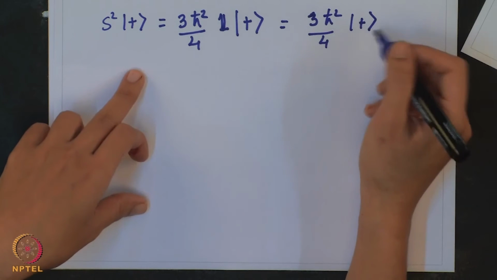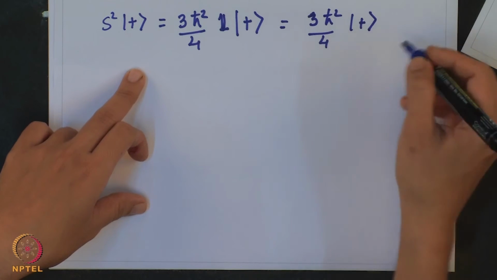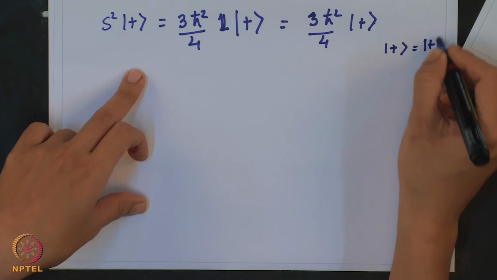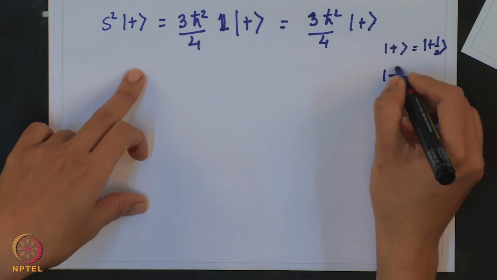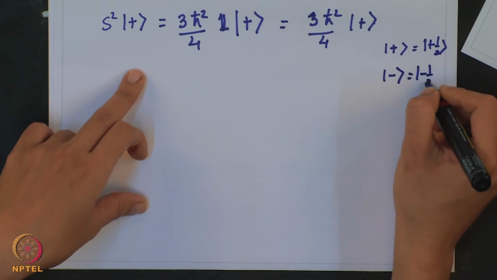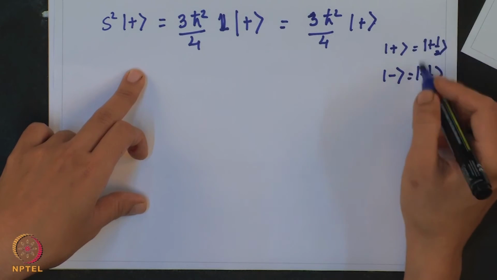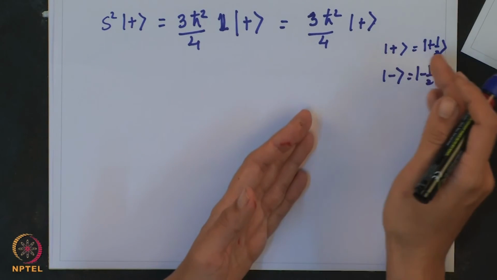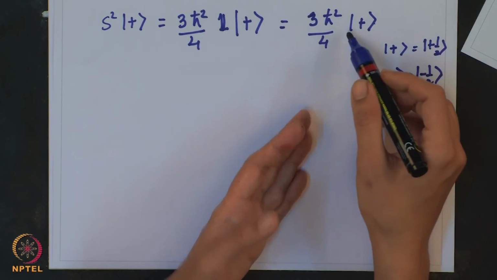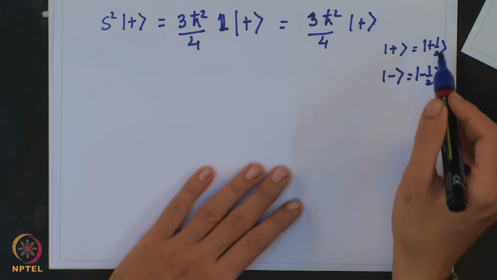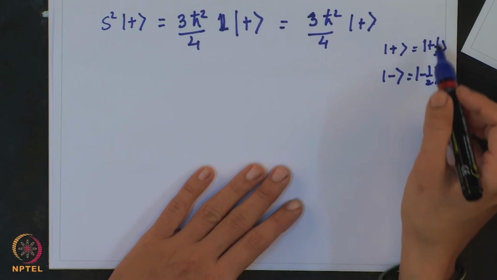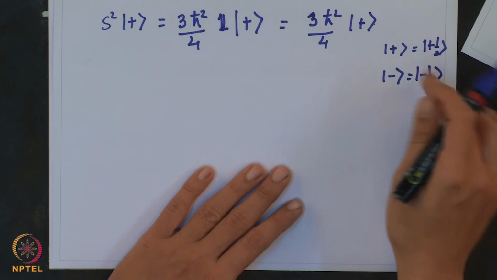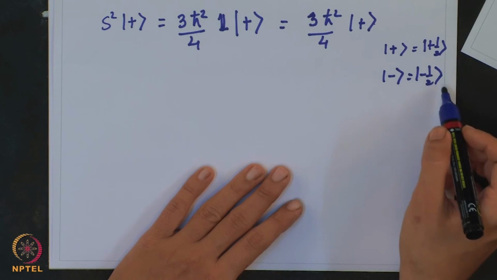In some places you will find that the plus ket is represented as plus half and the minus ket is represented as minus half. So, notation-wise, when you write the eigenvectors as the vectors 1 0 or 0 1, they correspond to plus half and minus half.